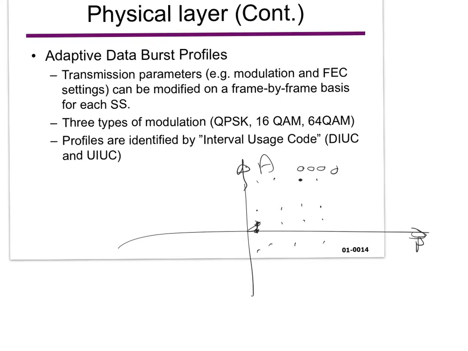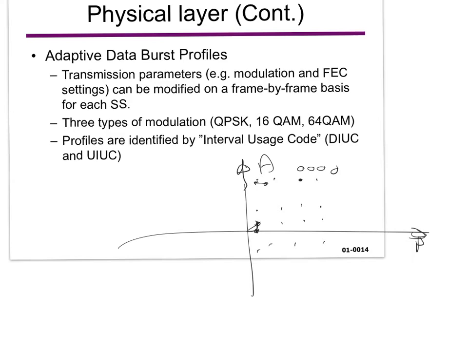So why do we need to use different types of modulation, and what is the benefit of this? Well, as you can see here in this diagram, the closer these points are, the more prone the communication will become. If you have any noise, this point can easily be shifted here at the receiver side, because when you go through the channel, you encounter some noise.